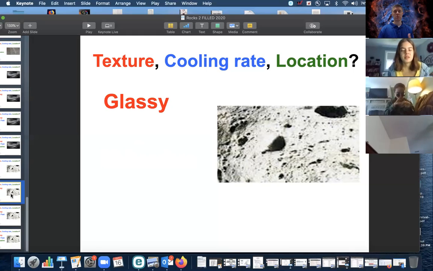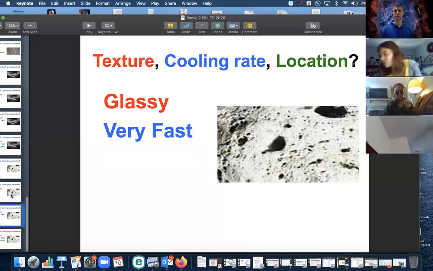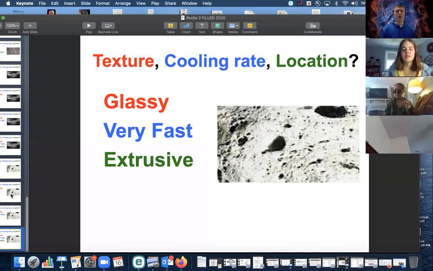And since we just did this one, we know that the cooling rate for an igneous rock with glassy texture is very fast. And we know that that's an extrusive rock. That's an extrusive process. It was good. Does anybody have any questions?